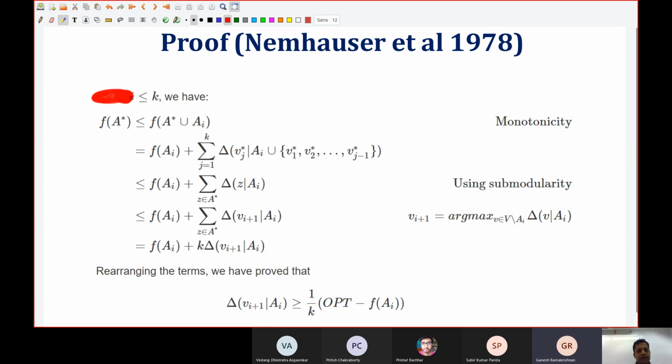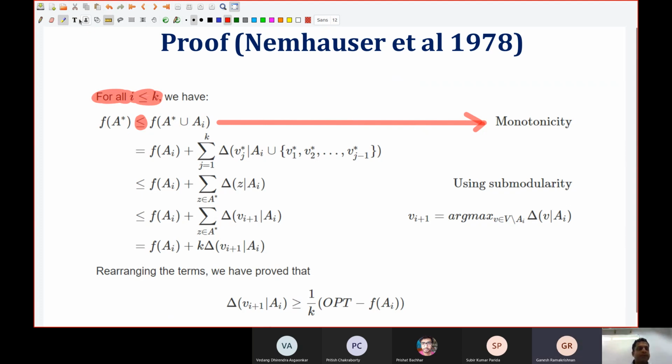For all i, why would this inequality hold? Let's give reason here. This is because it's monotone. So to A star, I just add any A_i, it cannot decrease.